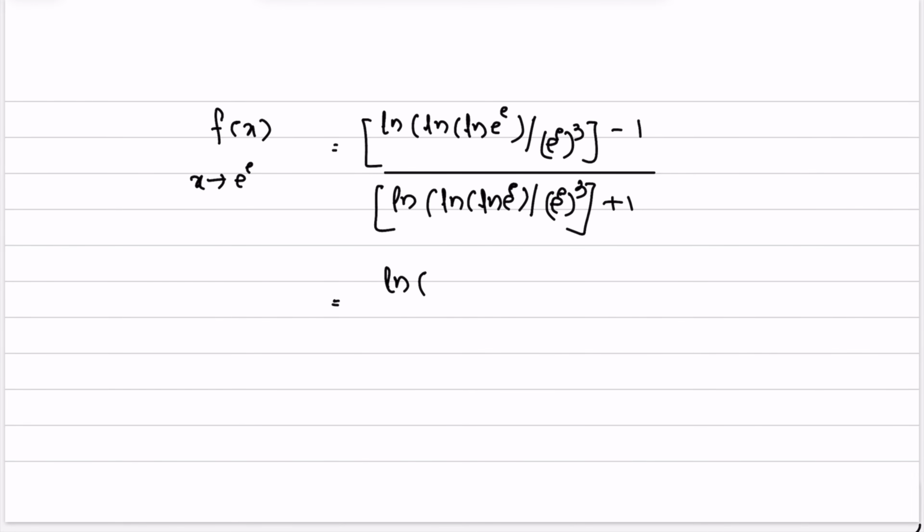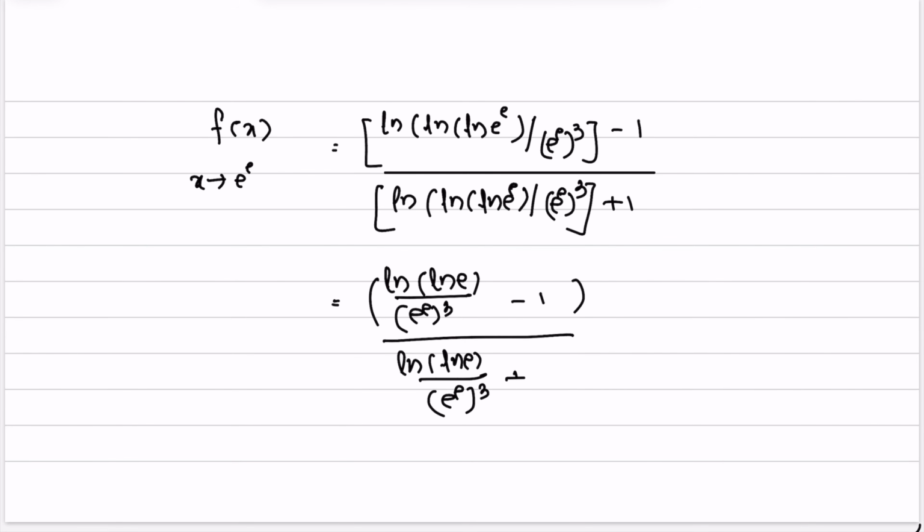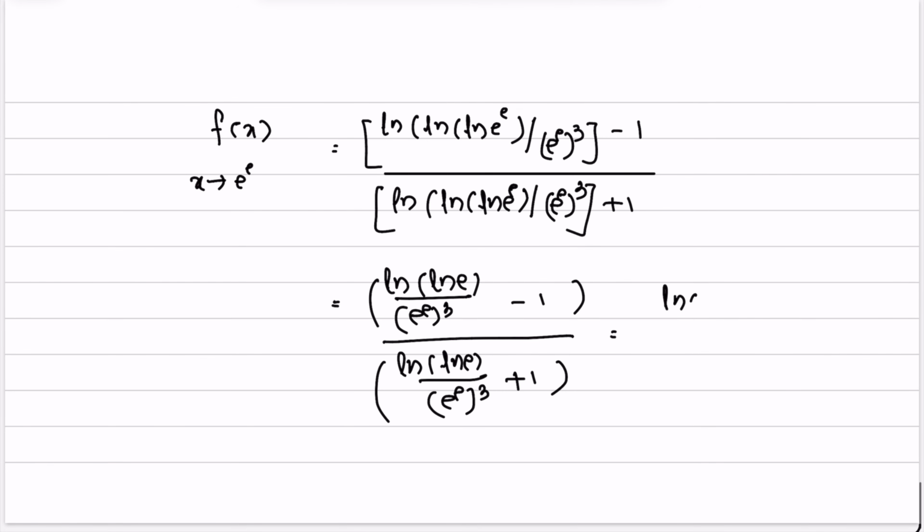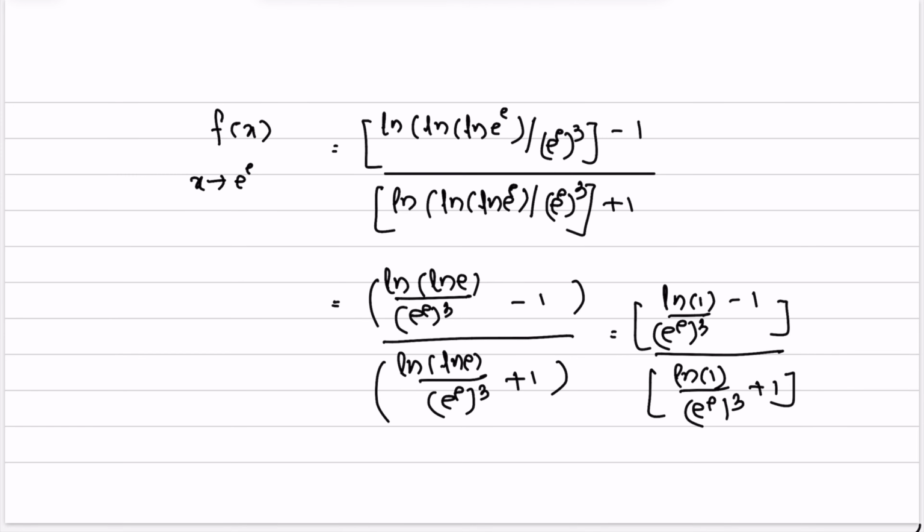That means ln of ln e, ln e is 1, sorry. That is ln 1 over e to the power of e whole cube minus 1, divided by ln 1 over e to the power of e whole cube plus 1. ln 1 is 0.